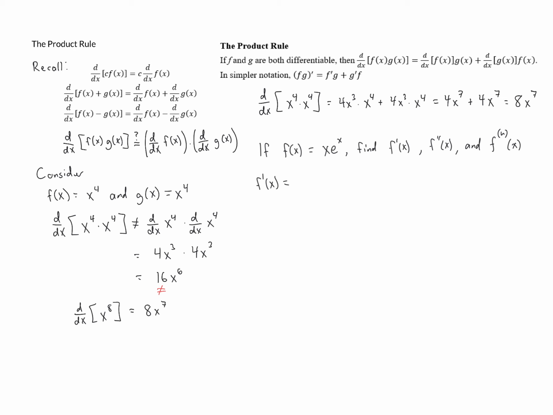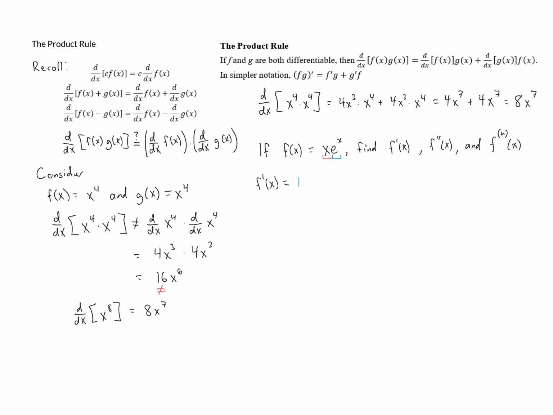Now, we've got a product, and so our first factor is x, and our second factor is e to the x. And so we want to use the product rule, and it says that when we're taking the derivative of a product, it's the derivative of the first times the second. So the derivative of the first, well, the first factor is x, and the derivative of that is 1. Oops, didn't mean to do that in blue, but we'll just keep going.